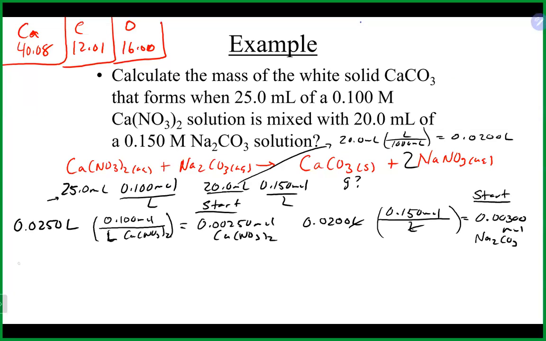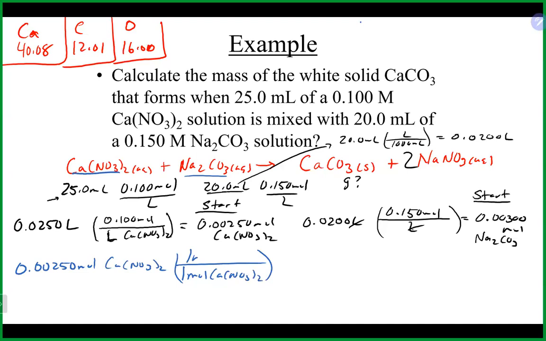So if I take the moles of my calcium nitrate, and I do the mole-to-mole relationship between calcium nitrate and my sodium carbonate, it is a 1 mole calcium nitrate to 1 mole of sodium carbonate, tells me that I need 0.0025 moles of sodium carbonate is needed. First off, any questions on that calculation? This is to determine the limiting reagent.